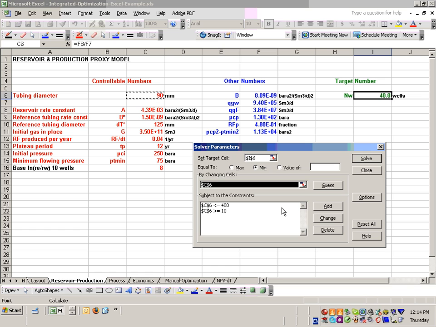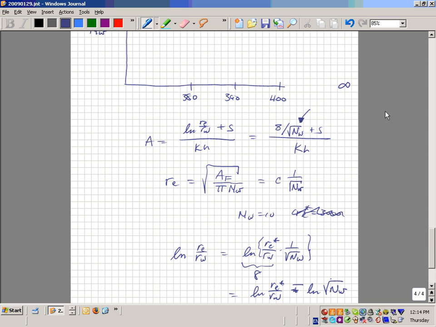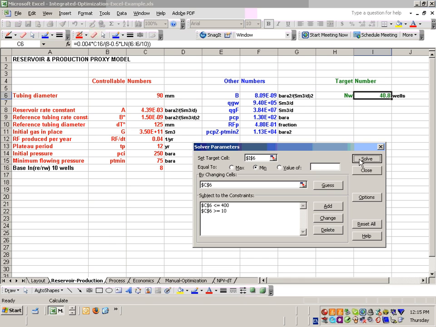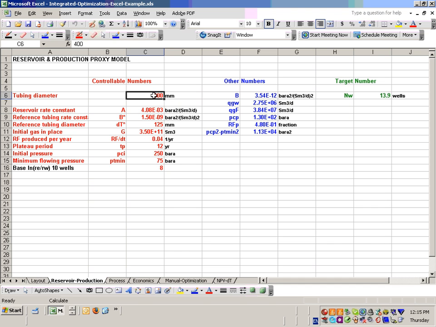Now what Mike says is that as the number of wells becomes large, the A constant, the log RE/RW term up here, RE becomes smaller and smaller. So the A term will increase, not very fast, but it'll increase. It doesn't look like you reach it by 400, and it started at 10. Make sure it's not dependent on the starting point.